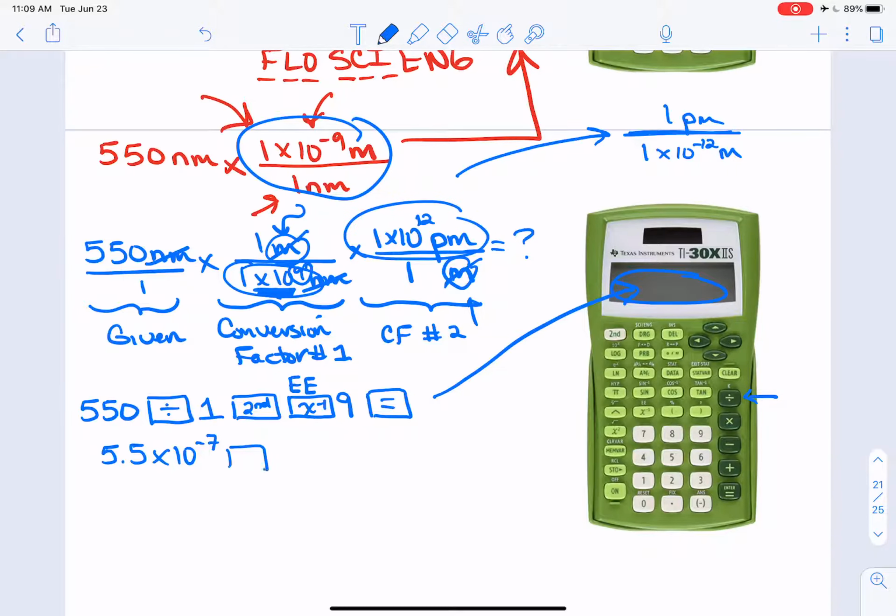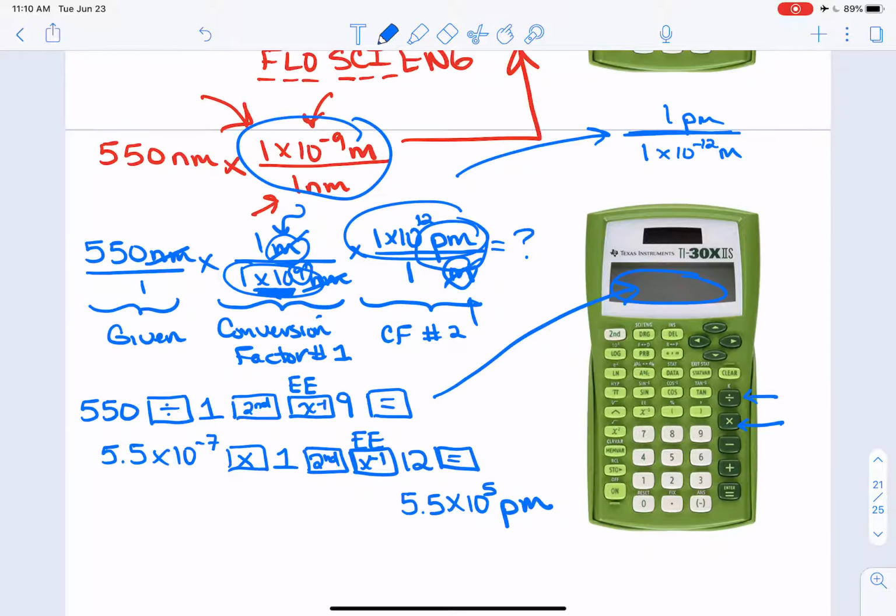So you will hit the multiply key, and then we're saying times 1 times 10 to the 12th, and then you will hit the equals key, and your final answer is going to be 5.5 times 10 to the 5th, and we don't want to forget our unit because we want all of our points, and that's going to be picometers.